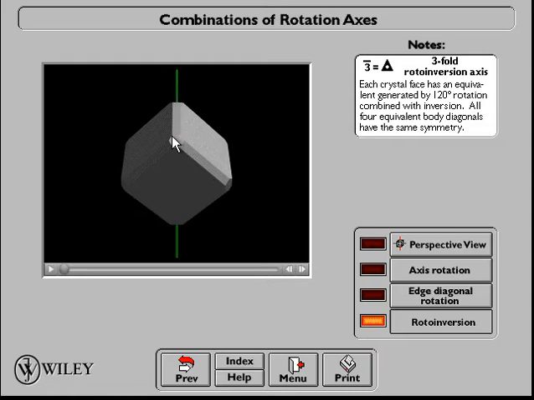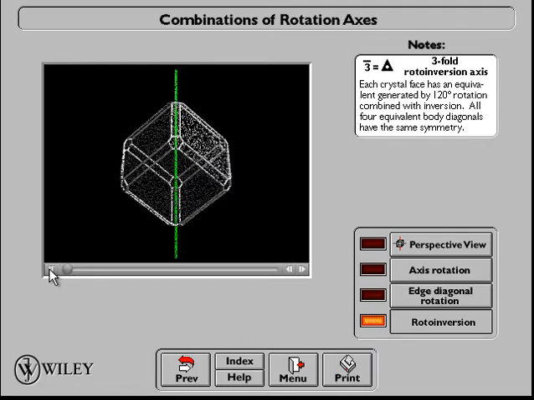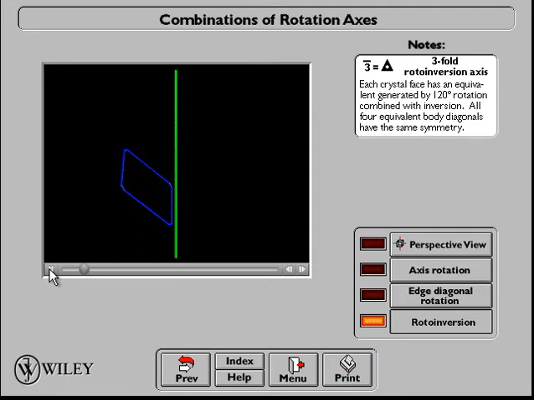So now we are putting our axis through, and we will now check it. Here we have now a 3-fold roto inversion axis. At first 120 degrees, can you see it in blue?